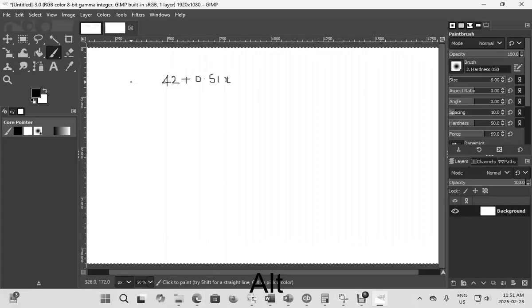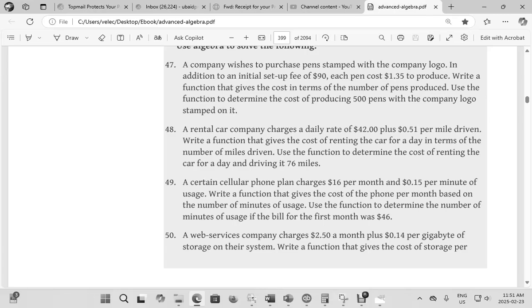We know that the function of x equals 42 plus 51 cents into x. This will be 42 plus 0.51 into 76 miles, because this person will be driving 76 miles while renting the vehicle for a day.